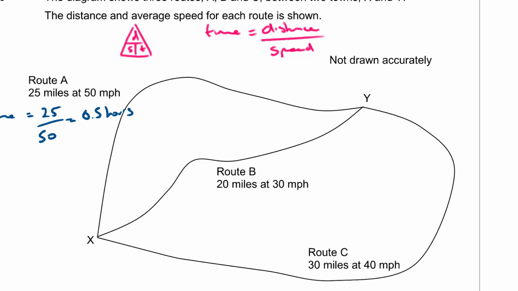For route B, time taken is going to be the distance travelled, which is 20, divided by the speed, which is 30, which is 2/3 of an hour. 2/3 of an hour, 40 minutes, I suppose. This one I could write as 30 minutes. Might be easier to compare that way.